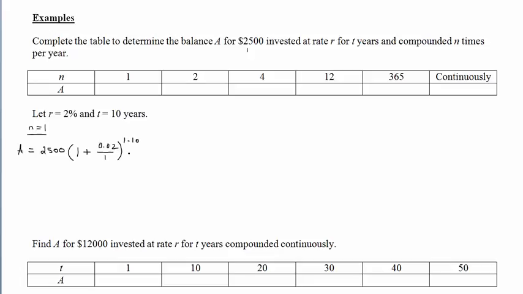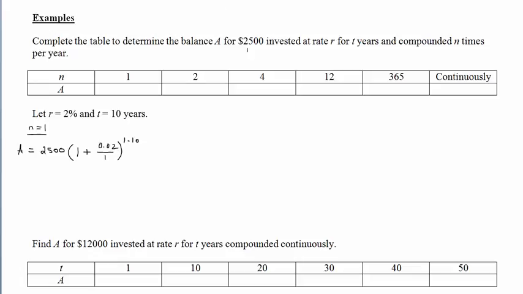The next thing we're going to do is go straight to our calculator. You're going to enter all of this information just the way you see it, and then we'll record to the nearest penny the amount of money you will have by the end of the 10 years based on your $2,500 investment.